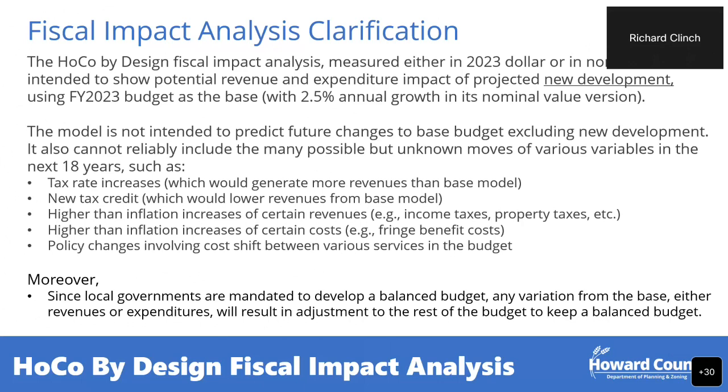Right, and actually, on the HOCO by Design website, we did a fiscal analysis of all the various scenarios. So you can see exactly what you said, Richard. The more growth, greater revenues. The composition of growth also changes things. And so the goal is to look at the impact of the draft HOCO by Design, including the pace of growth that's envisioned and the type of growth that is realistically going to happen given the changing land use composition of the county.